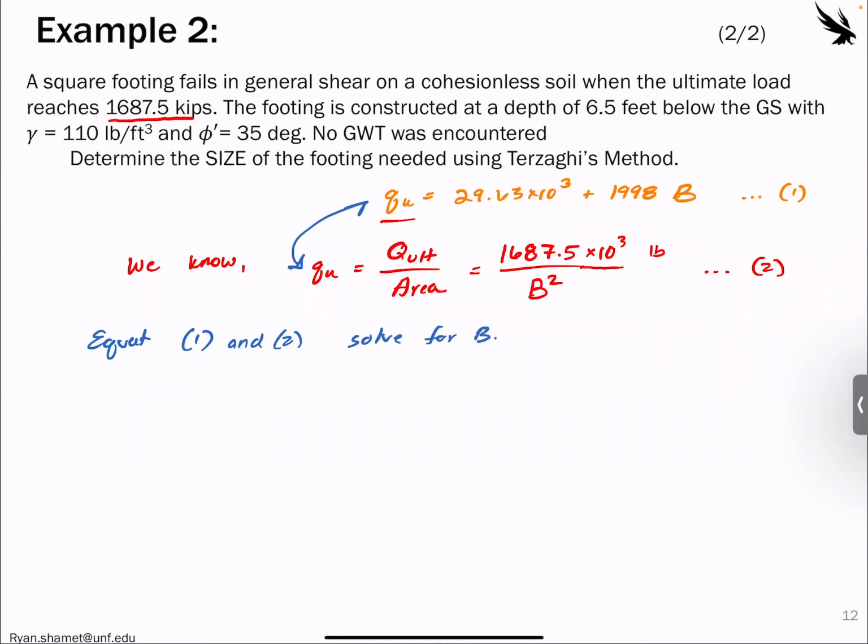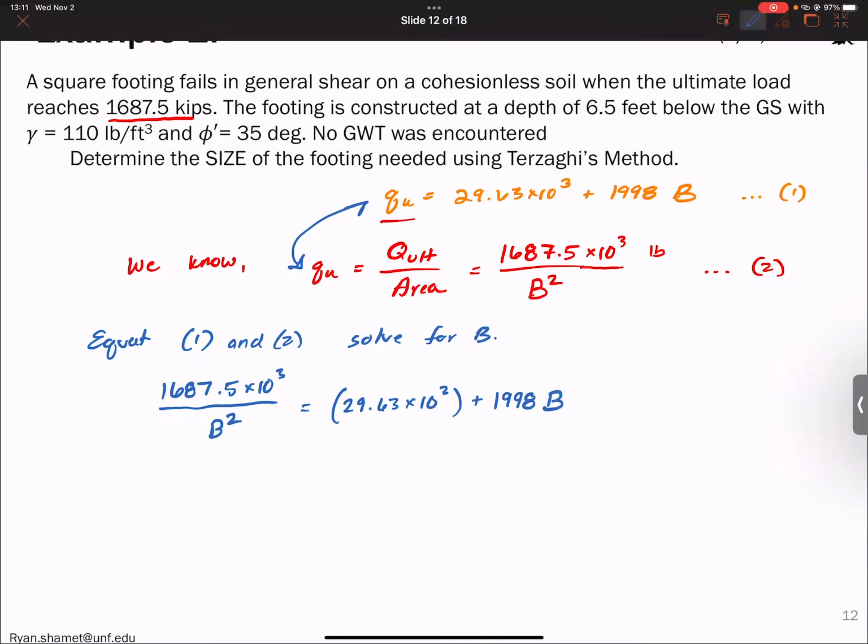So I'm going to go through this real quick. 1687.5 times 10 to the 3 divided by B squared. That's from equation 2. This is equal to 29.63 times 10 to the 3 plus 1998 times B. So now when we set it up this way, we have B here.